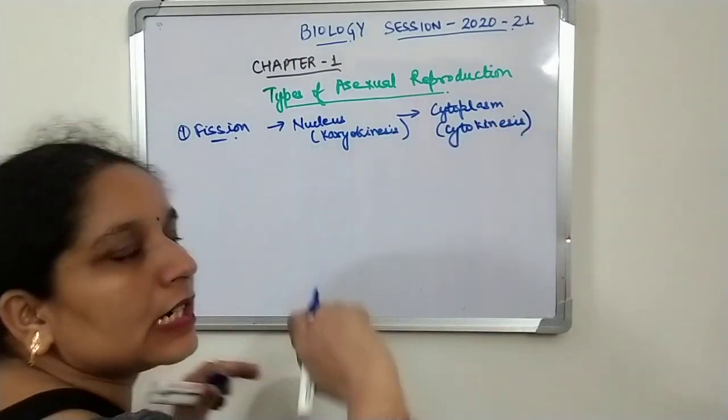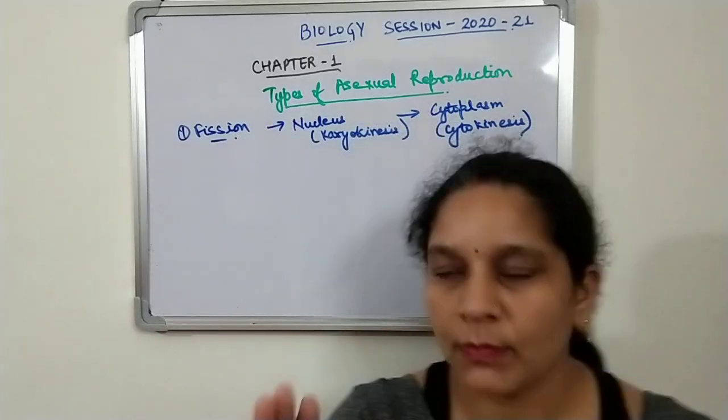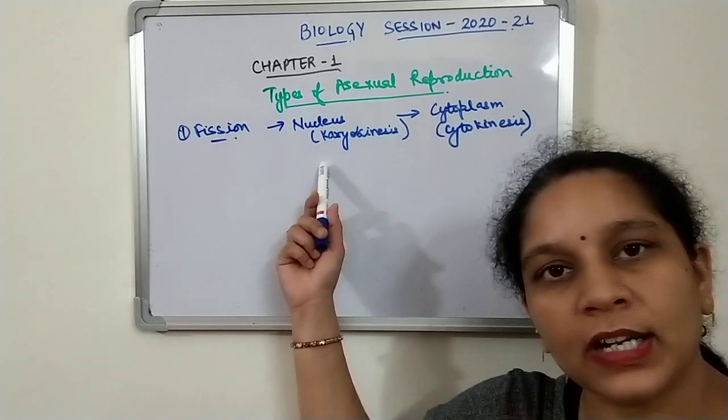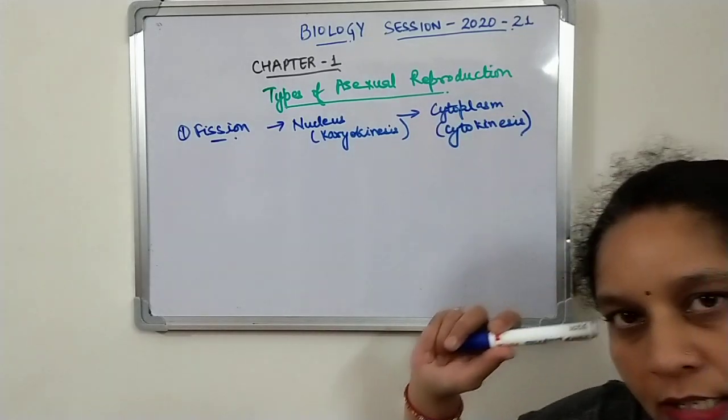So in each and every cell division, the basic concept is the same: first the nucleus will divide, followed by the division of the cytoplasm known as cytokinesis.